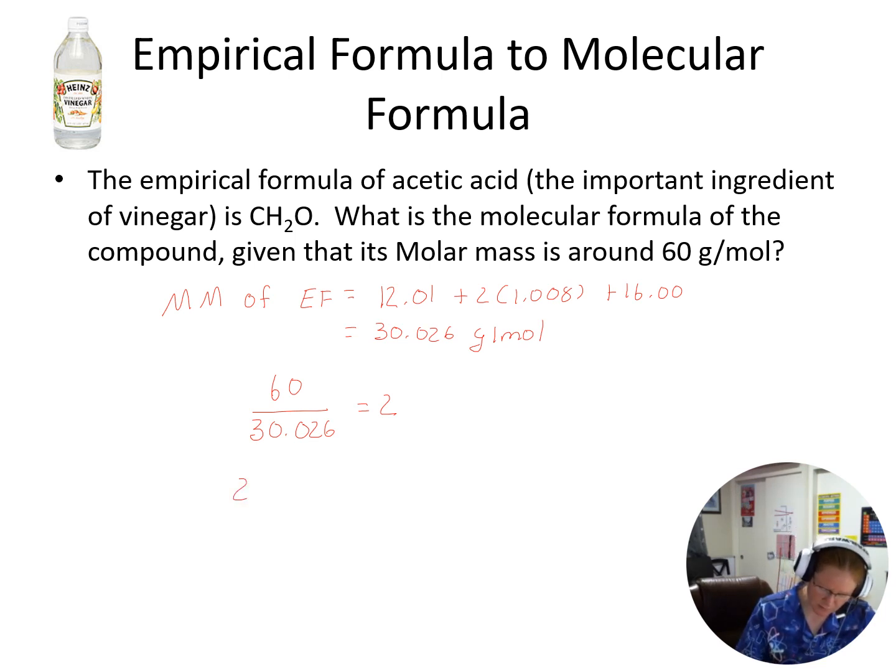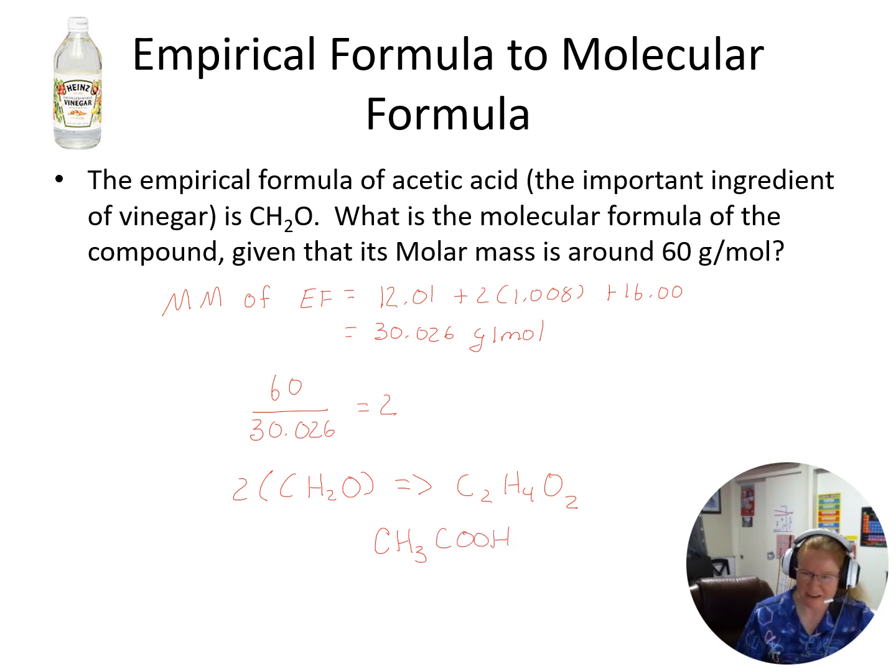So I'm going to take 2 times my CH2O, and I'll get C2H4O2. And indeed, that is vinegar. I can rewrite acetic acid as CH3COOH. 4 hydrogens, 2 carbons, 2 oxygens.